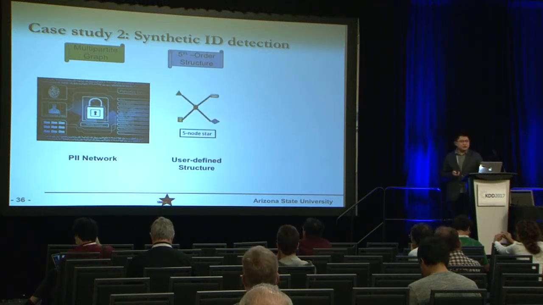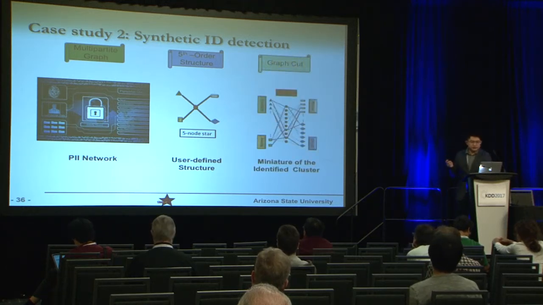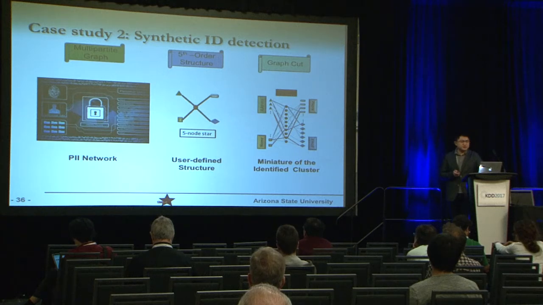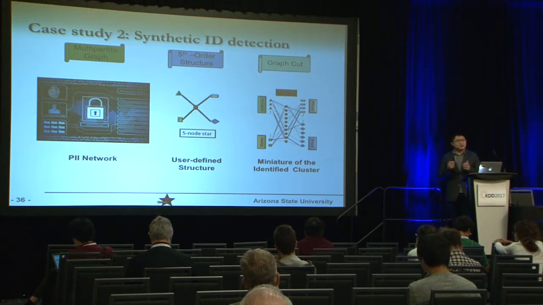We're using the structure of a 5-node star. Here is the returned cluster using our algorithm. We can see in the cluster, there are a lot of users sharing the same name, same address, same phone number, and same email, which is very suspicious and can be considered synthetic IDs.